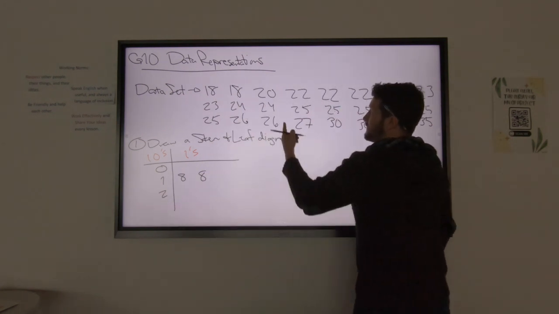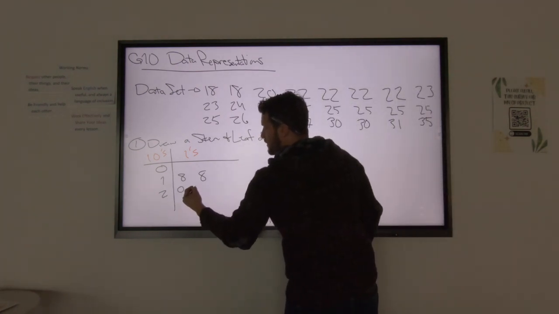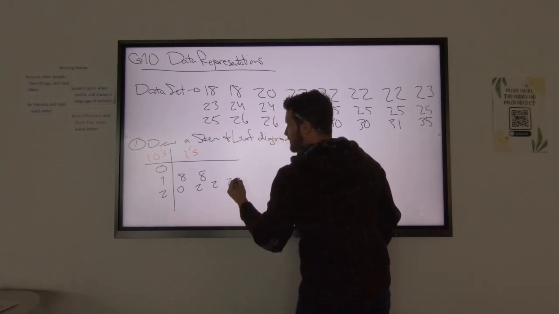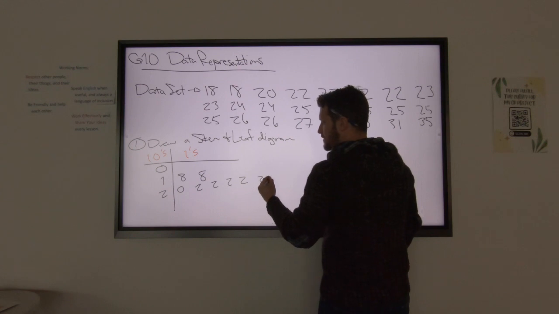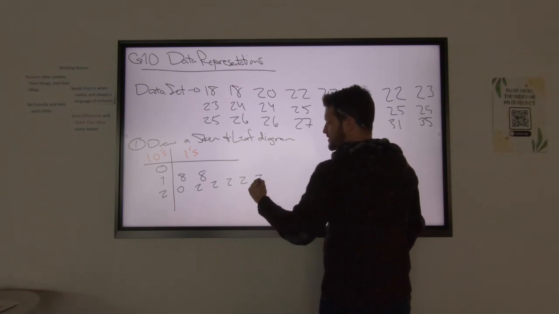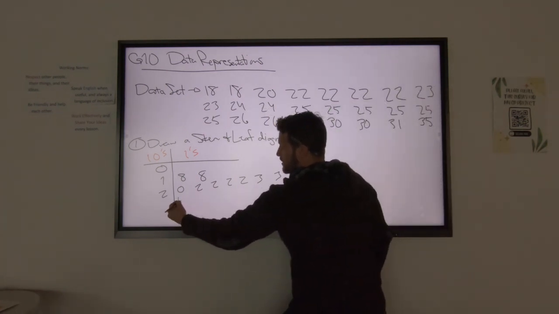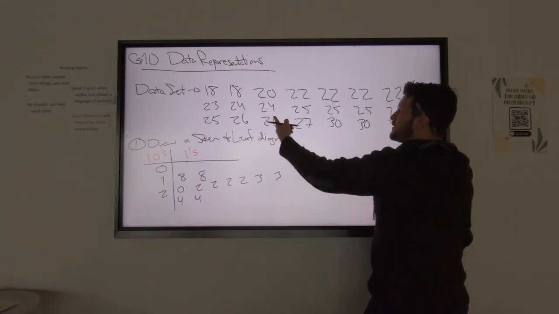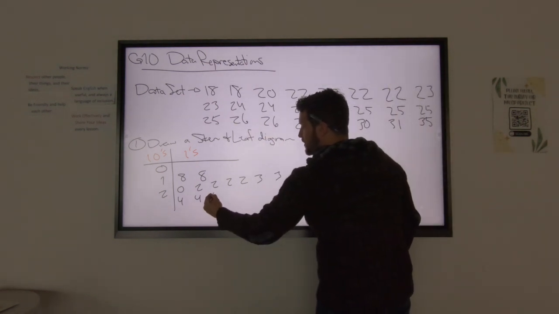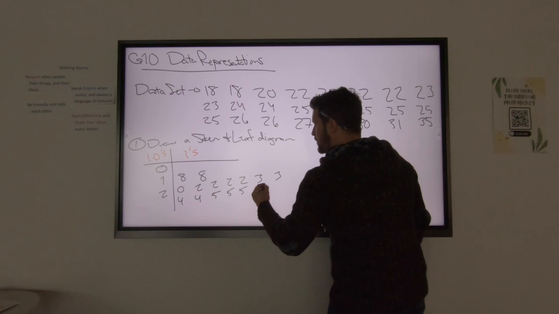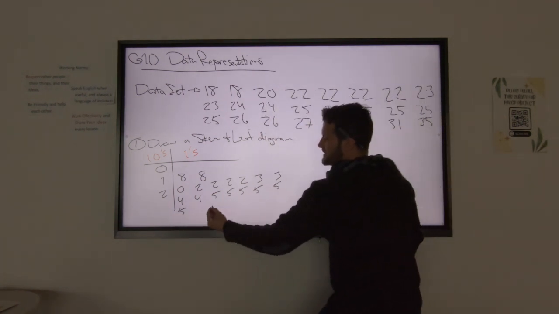I've got 20, four 22s, two 23s, two 24s, six 25s, and two 26s.